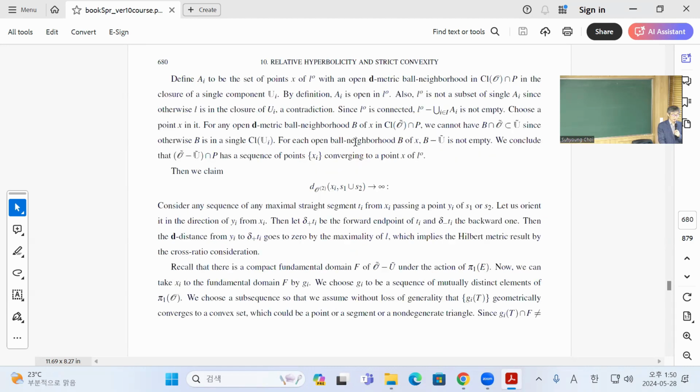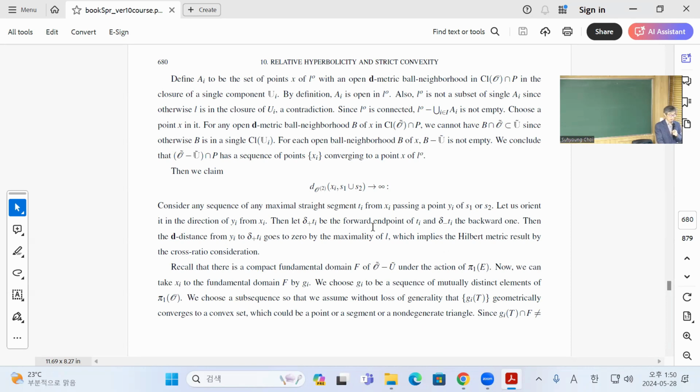So then basically this L_0, you draw these two segments. So these are maximal, and then S_1, S_2 inside the Omega, and then this will be a triangle, and you can find a sequence of points on this triangle which converges to a point X in L_0. And these distances are going to infinity in the Hilbert metric.